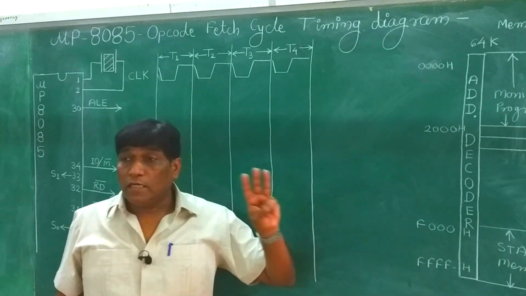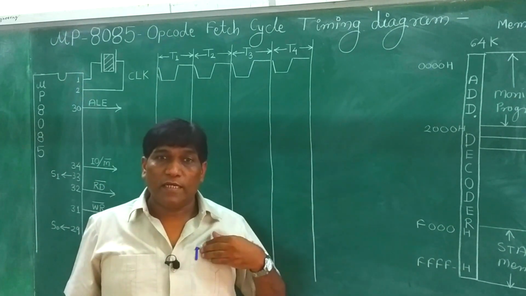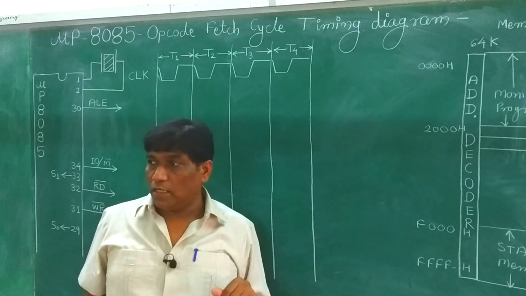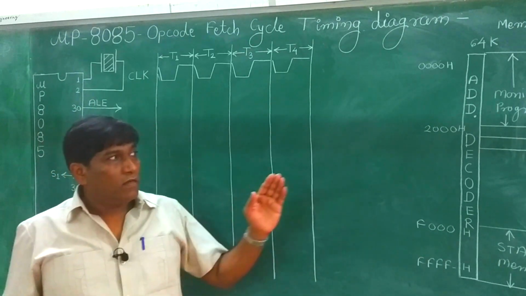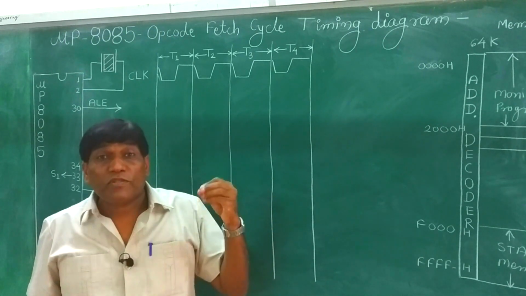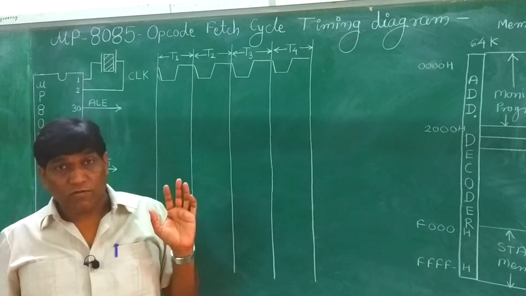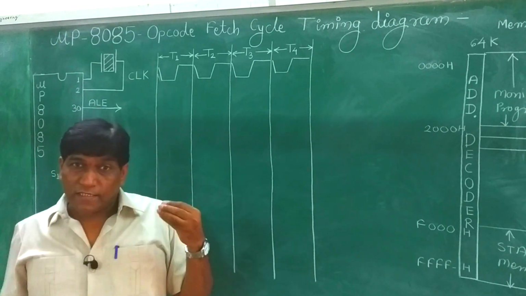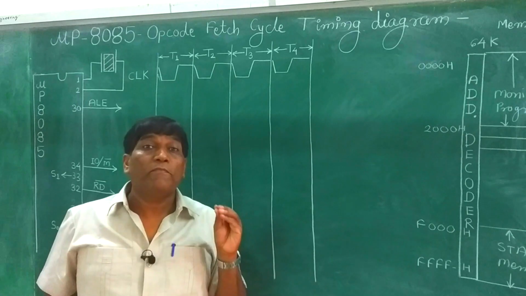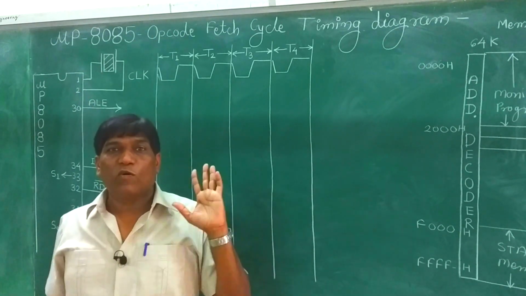Now in our user area, we can write our own program, and today we will understand the opcode. Opcodes are the operation codes for a particular instruction in the microprocessor 8085. So for understanding opcode in the 8085 microprocessor, we have to understand at least one instruction.